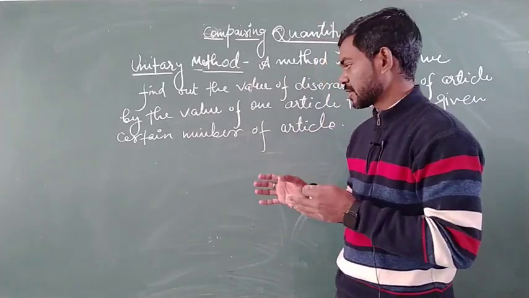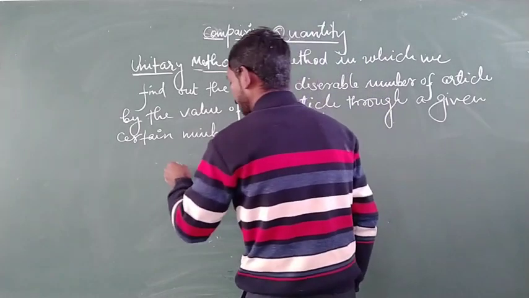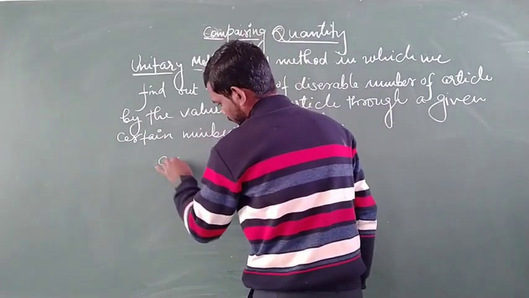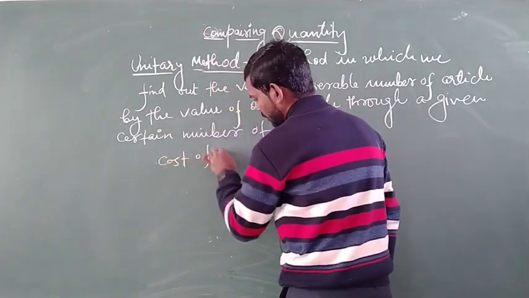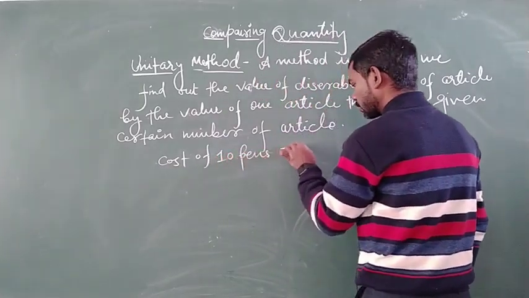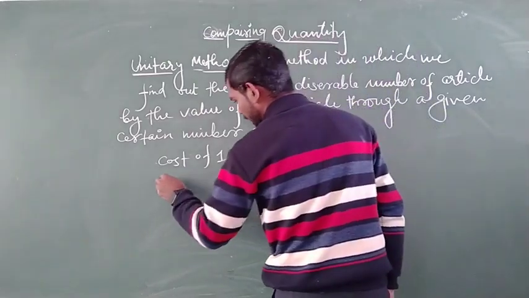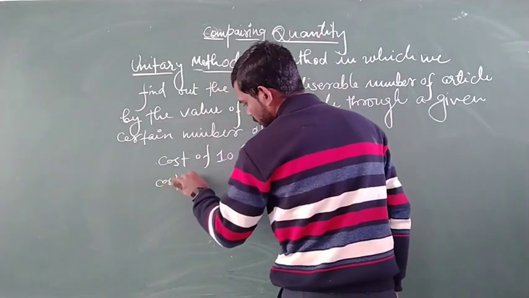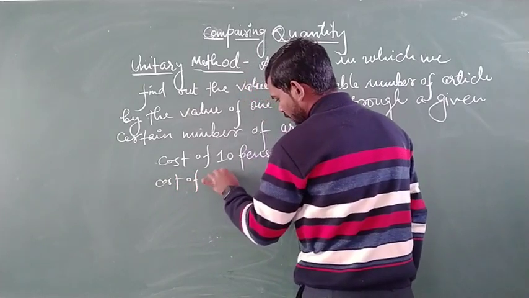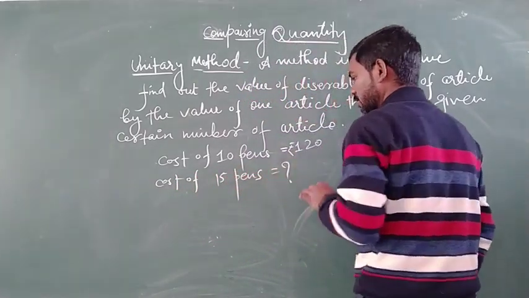For example, let us suppose that the cost of 10 pens is equal to 120 rupees, then we have to find out the cost of 15 pens. This is the question.